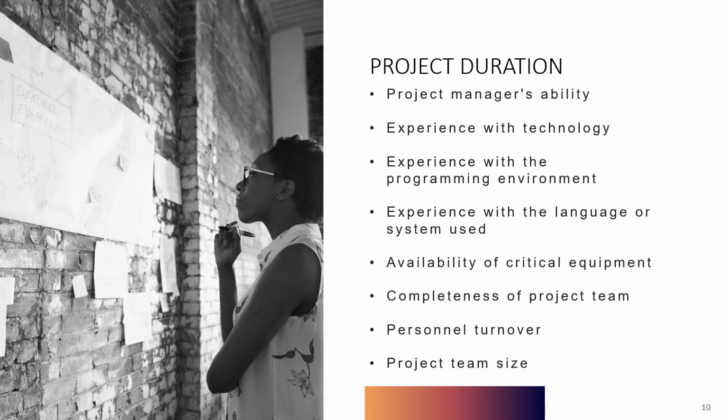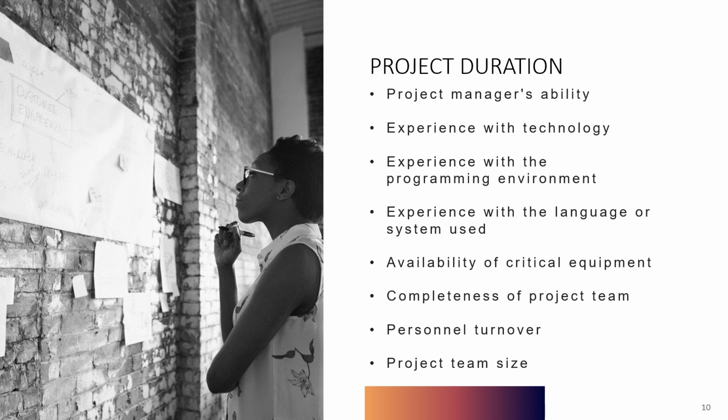Now, the project duration is going to depend on many, many factors, but some of those factors include the project manager's ability, their experience with the type of technology that they're implementing, the experience with programming environment, the type of programming language that's being used, the availability of equipment, how complete the project team is, and if they have any turnover or the size of the project team all play a role in how long the project is going to take to complete.